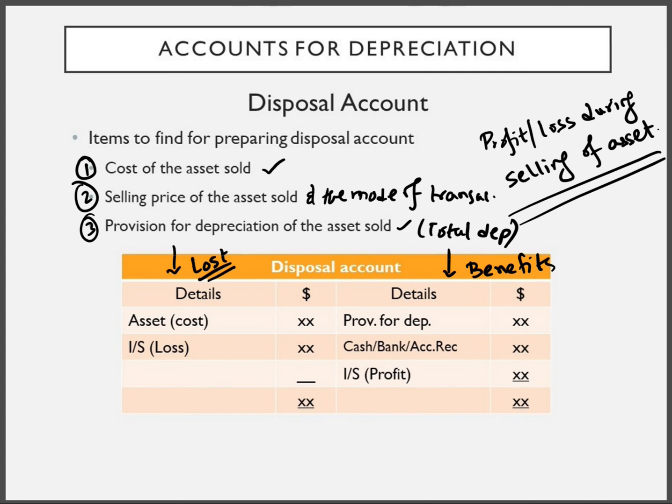Usually we can see that the asset cost is our cost of the asset, and the provision for depreciation is the benefit that we have received from the asset while using it, and the cash, bank, or accounts receivable that we are getting is also a benefit we are receiving from the asset. The balancing figure will be our profit or loss. If the balancing figure is on the credit side, we are having a loss. If the balancing figure is on the debit side, we are having a profit.